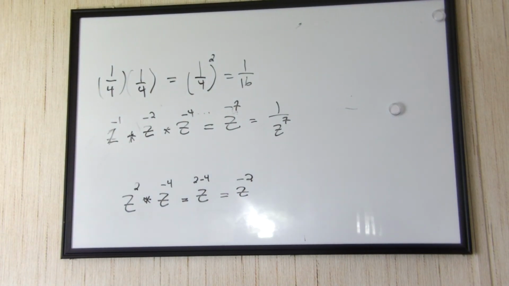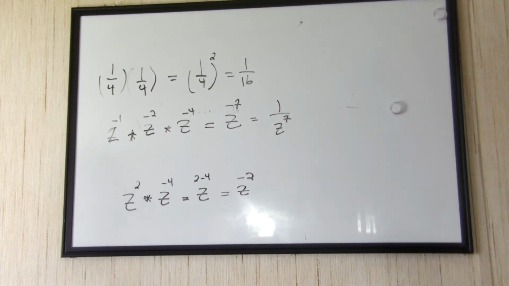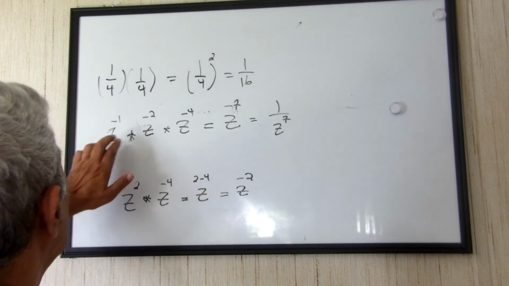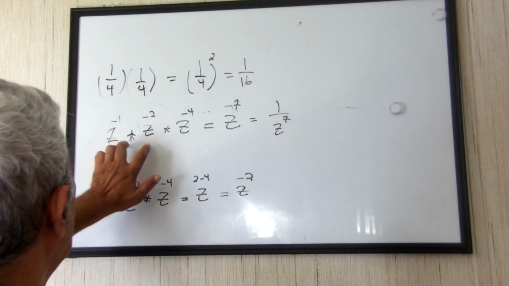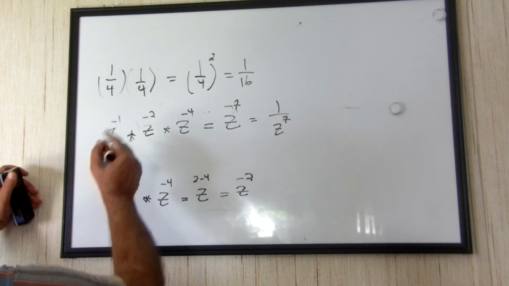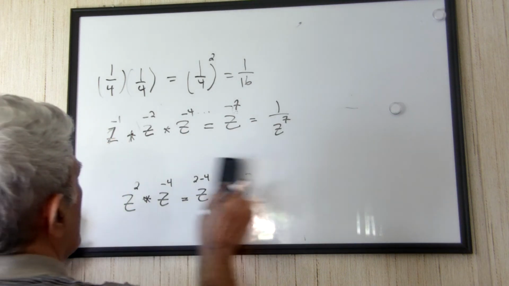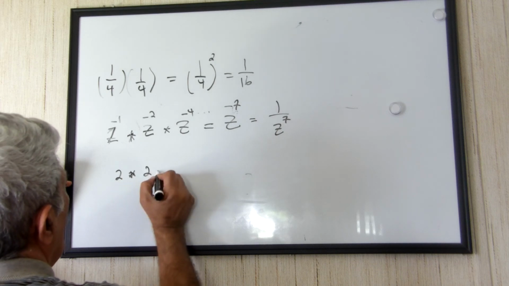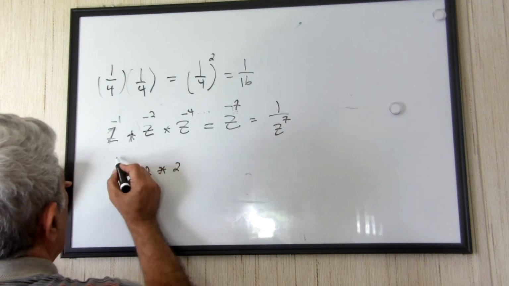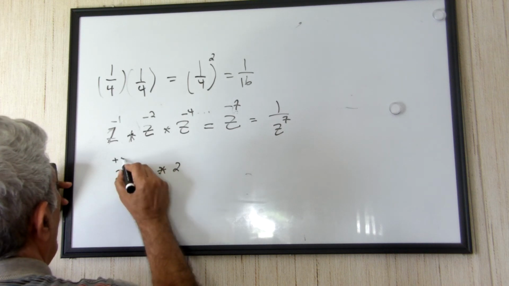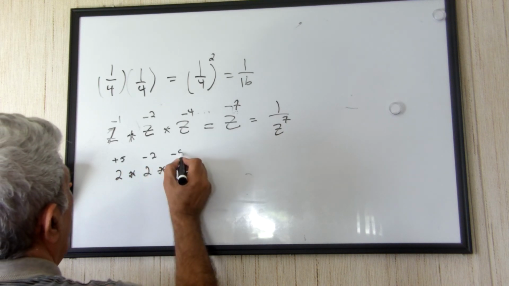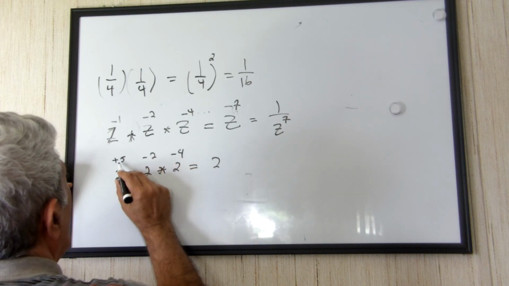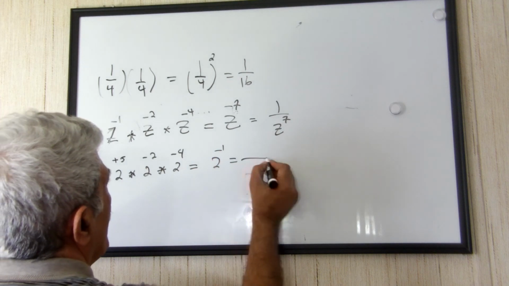So I want you to know the mechanics of this. If we multiply these exponents, the numbers, or these could be unknown numbers, or anything else, let's talk about 2 to the power of 5 times 2 to the power of minus 2 times 2 to the power of minus 4. This is plus 5 minus 2 minus 4, which is going to be minus 1, and we can write it this way: 1 over 2.